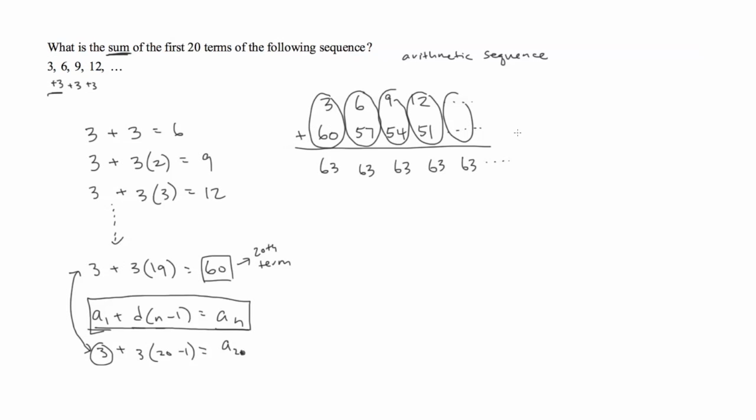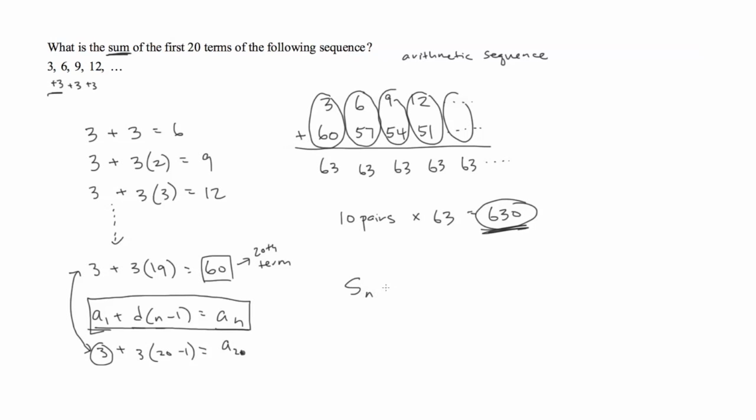Well, how many pairs do we have? Since there's 20 terms, and I'm grouping them in pairs, we would have 10 pairs total. And each of those pairs has a sum of 63. So the total would be 630.